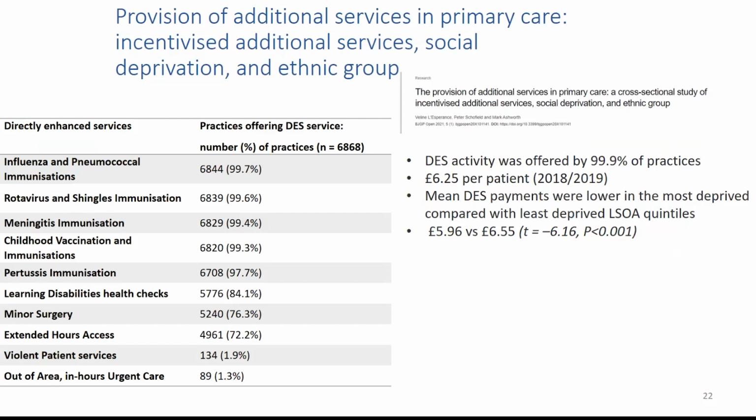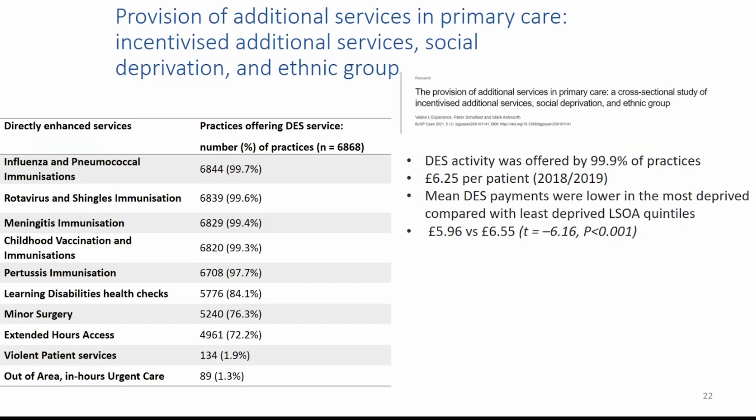These activities are offered by about 99% of practices, and in 2018-19, this was about £6.25. This has reduced quite significantly since then, because that funding has been eaten up by PCN funding. I'll go on to that next.